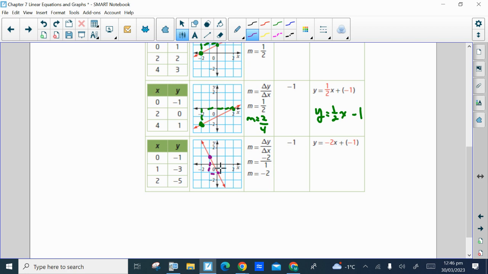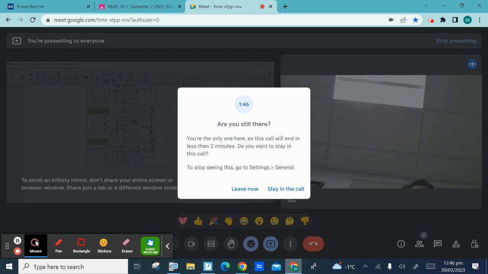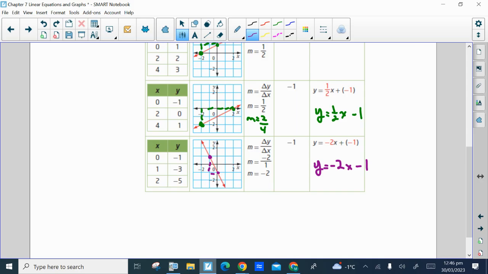And the y-intercept, you can tell by looking at the graph. The graph crosses the y-axis at -1. That's the y-intercept. So you're going to plug in an m value of -2 and a b value of -1. So this equation will be y equals -2x minus 1. That's the equation of that line in slope-intercept form.